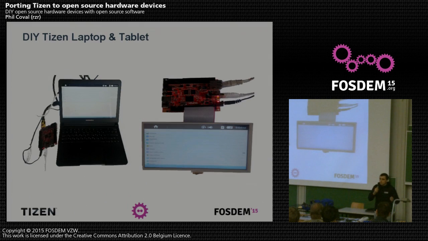So I would like to show you a couple of examples of devices that you can create. One of the most important things in open source hardware is that this is a low-cost opportunity to create prototypes and to create them rapidly.